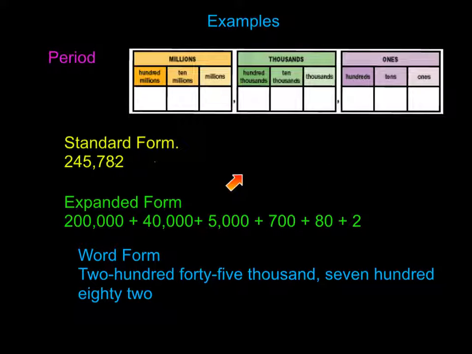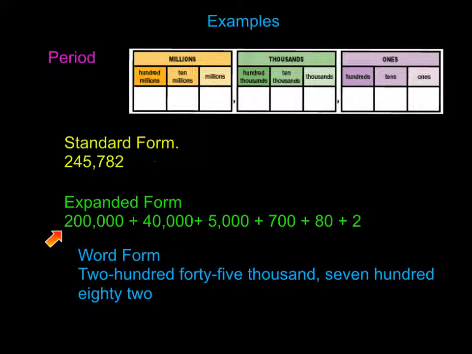Our next example is our standard form. Standard form is a number written out using digits 0 through 9. So as you notice here, we have 245,782 written in standard form. Our next form is expanded form. Expanded form is the writing of the number using the place values.